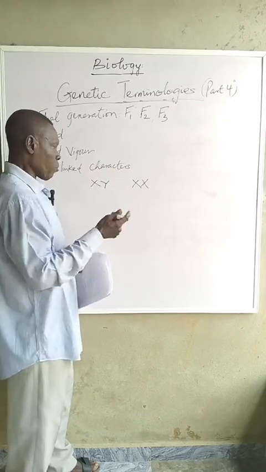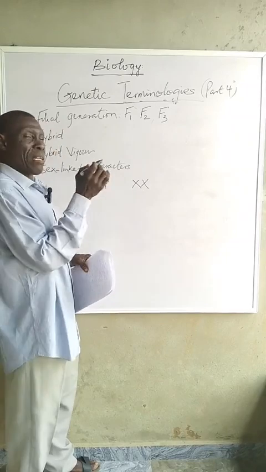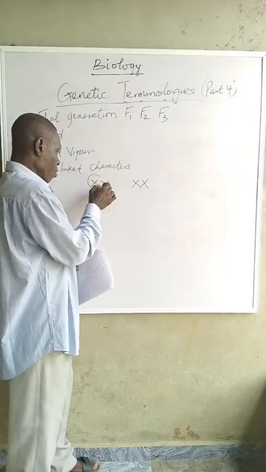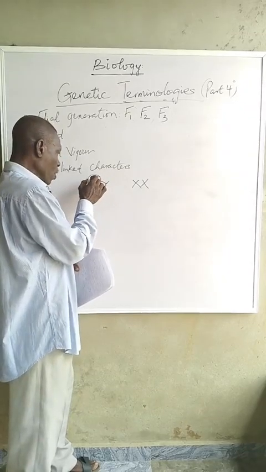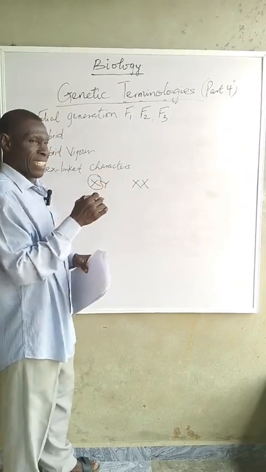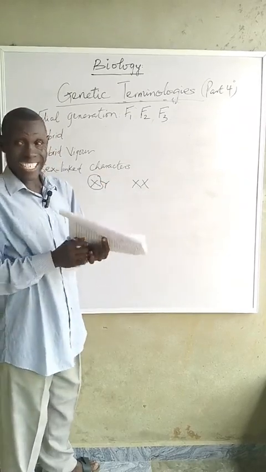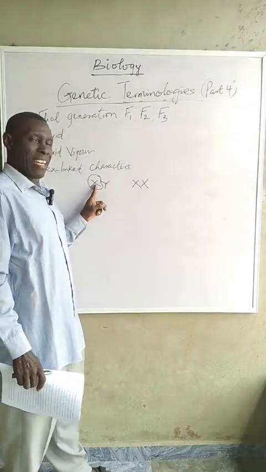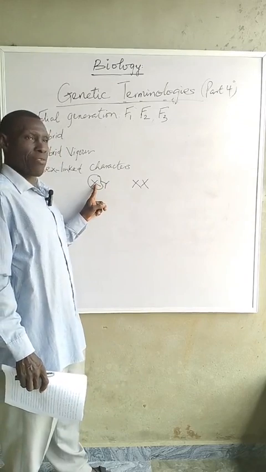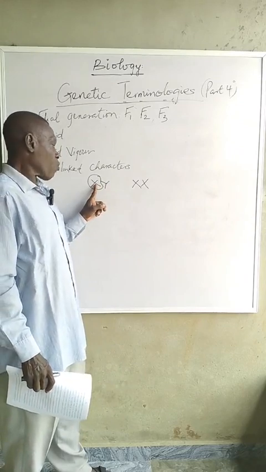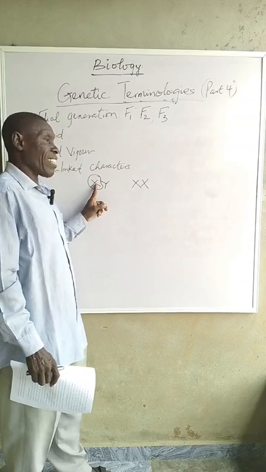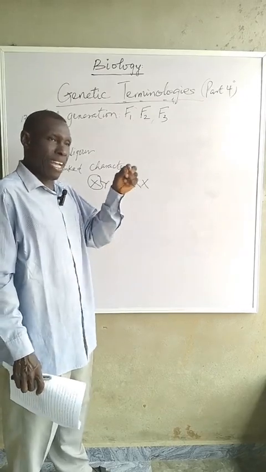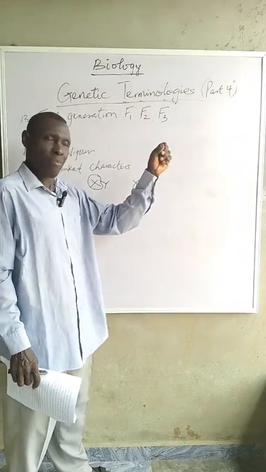We'll get to that. Now, when a particular character is attached or associated with just only one of the gametes, it is called a sex-linked character. Suppose this one is having a smaller eye, like a particular eye type of character, and if this particular sex cell gets to fertilize any of these, that child will have that eye type, whether it is the boy or girl.